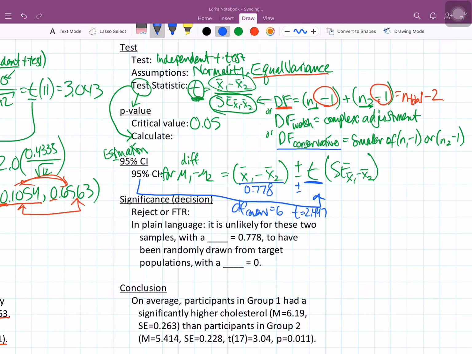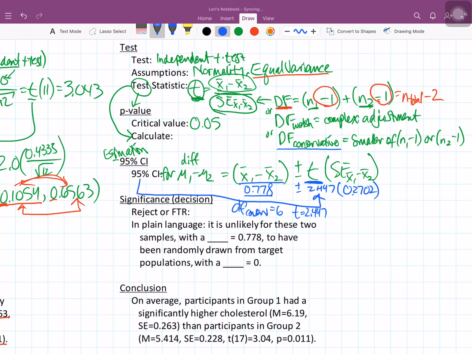So we will put 2.447 times the standard error of x bar 1 minus x bar 2, which is 0.2702.